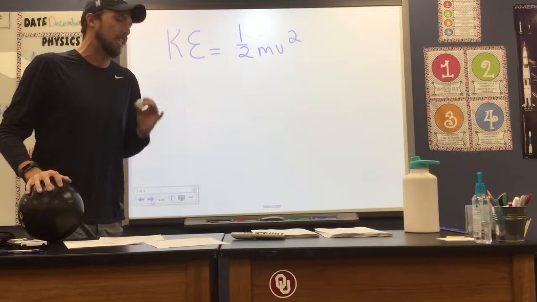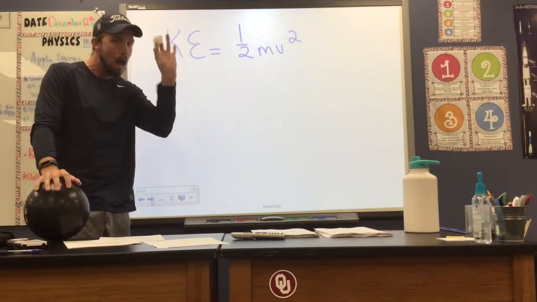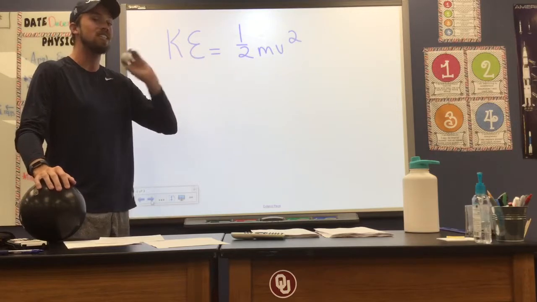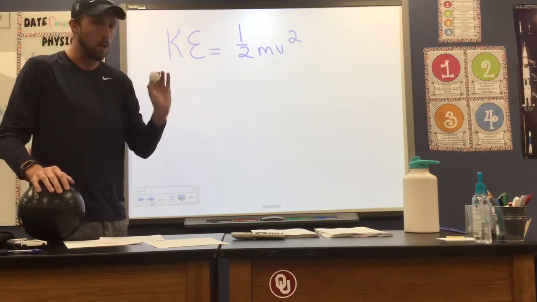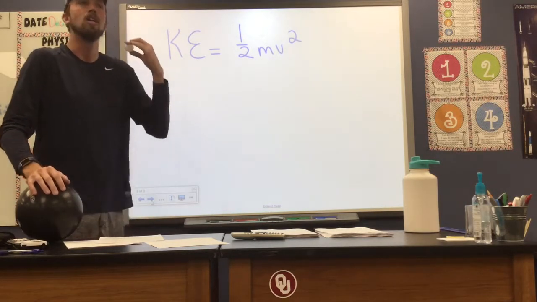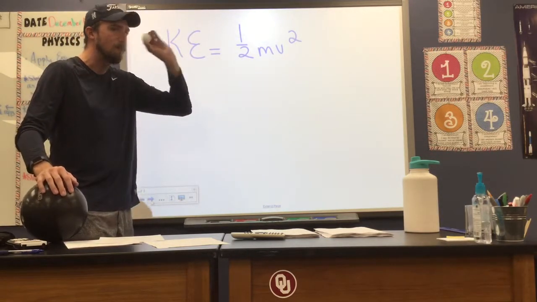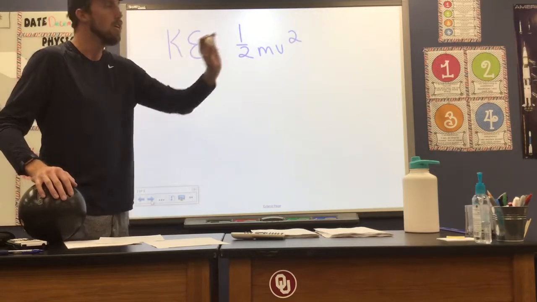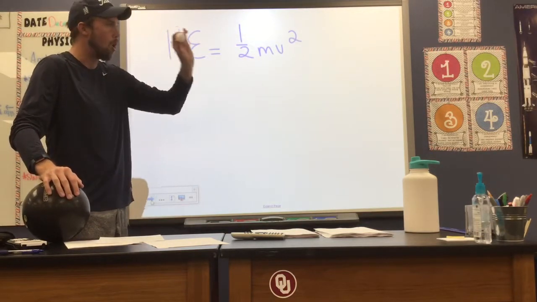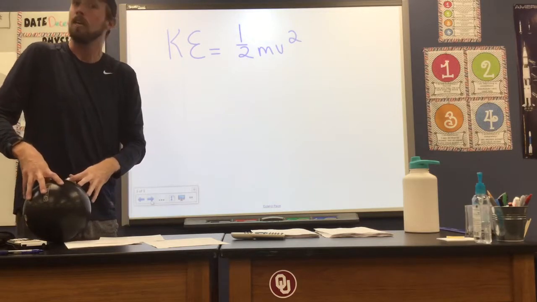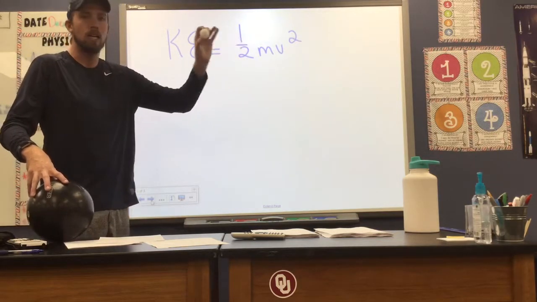Now, we're asked in this question to find out how fast the ping pong ball needs to be going in order to have the same amount of energy. So, you're probably wondering, well, if it has the same amount of energy, that means it's going to have the same effect when it hits me, right? Meaning that the ping pong ball, in order to break my nose and cause the same damage as the bowling ball, would need to be going much faster.